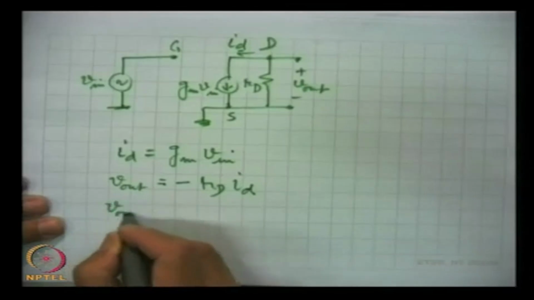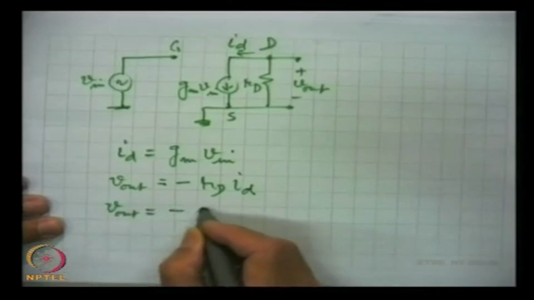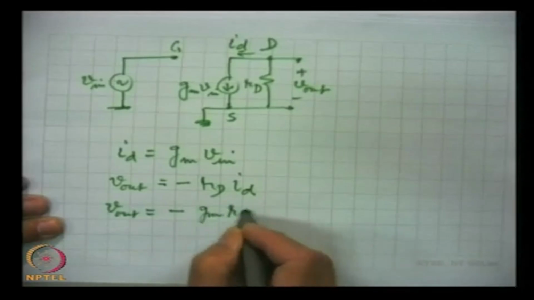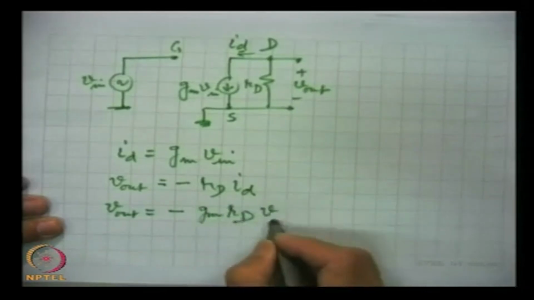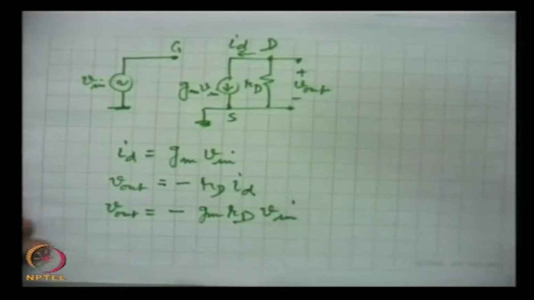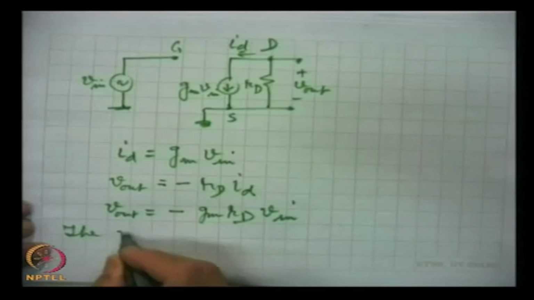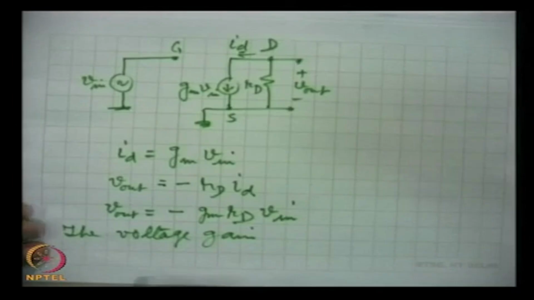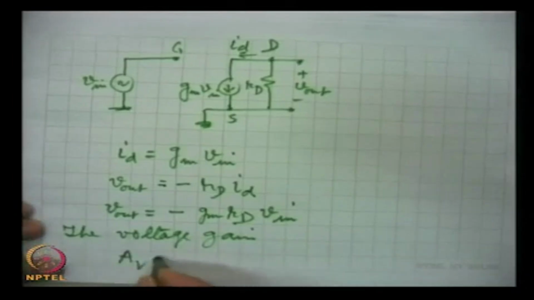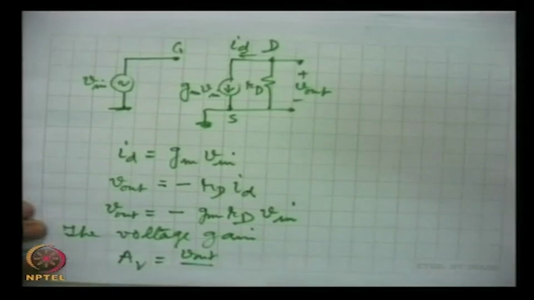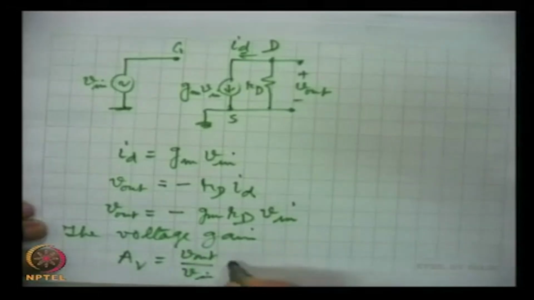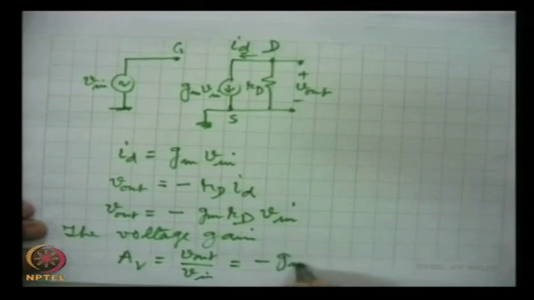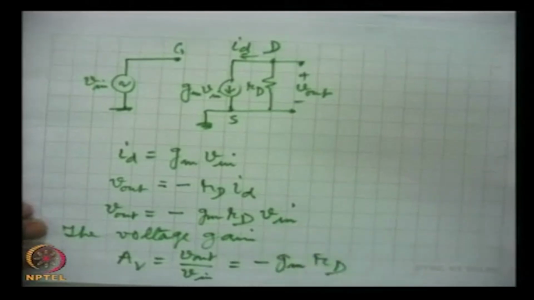V out is minus GM R d V in, and from here the voltage gain A V is equal to V out, the AC output voltage, divided by the AC input voltage V in, and this is equal to minus GM into R d.